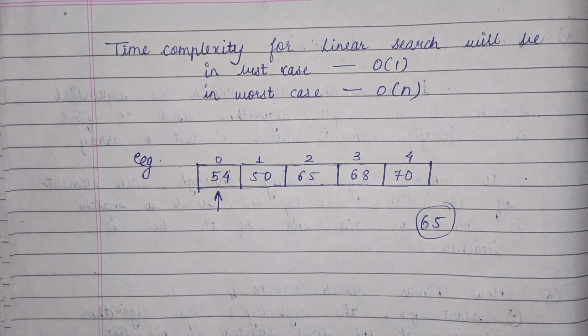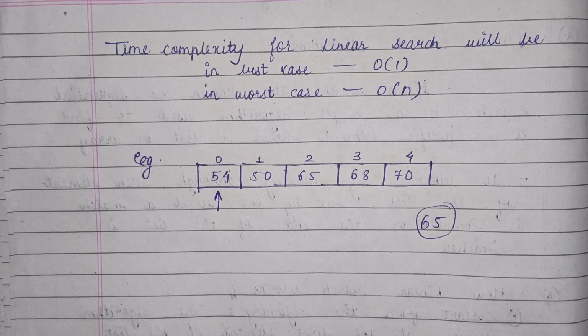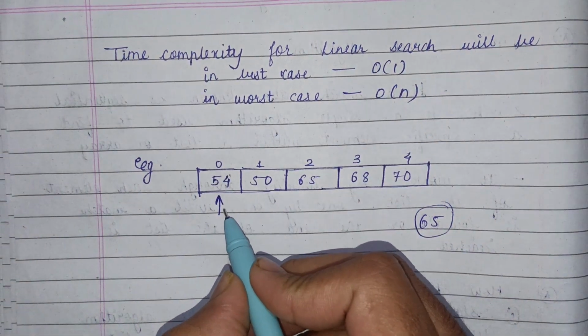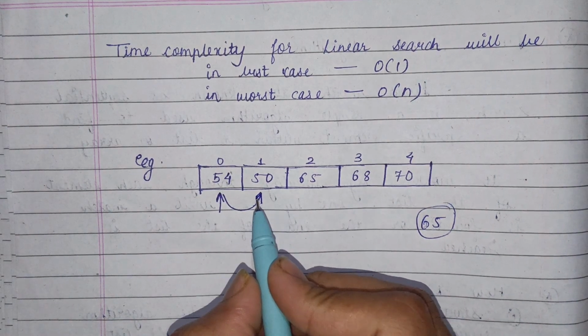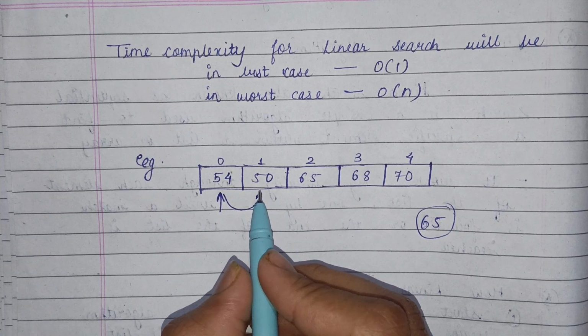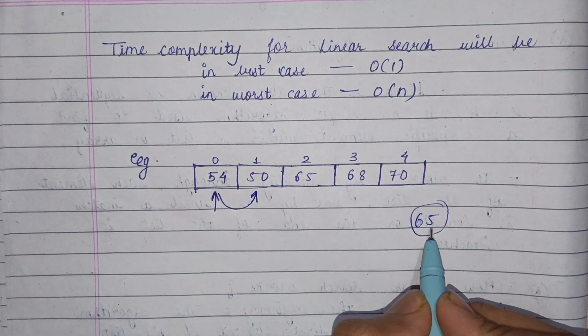No. If it is yes, then it will return the element is found at the index 0. And if it is not, then it will move to the next block of the array. And then here it will compare with the 65.